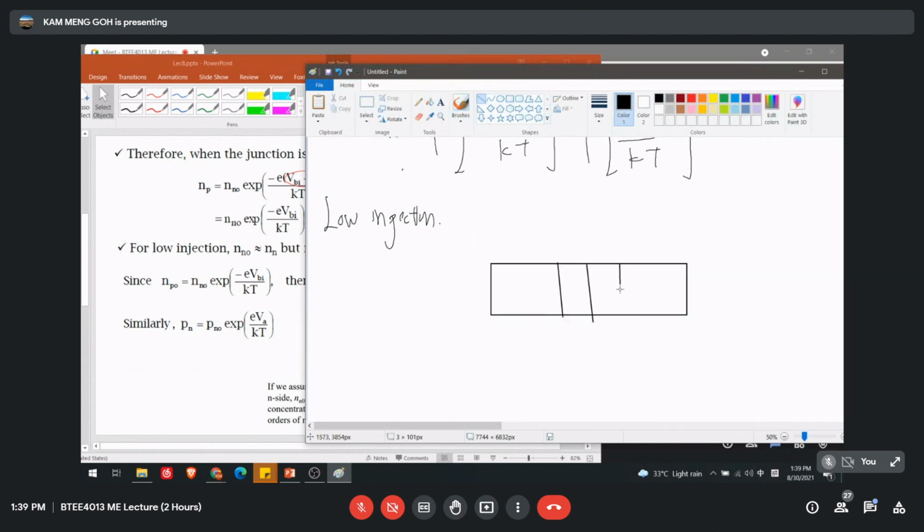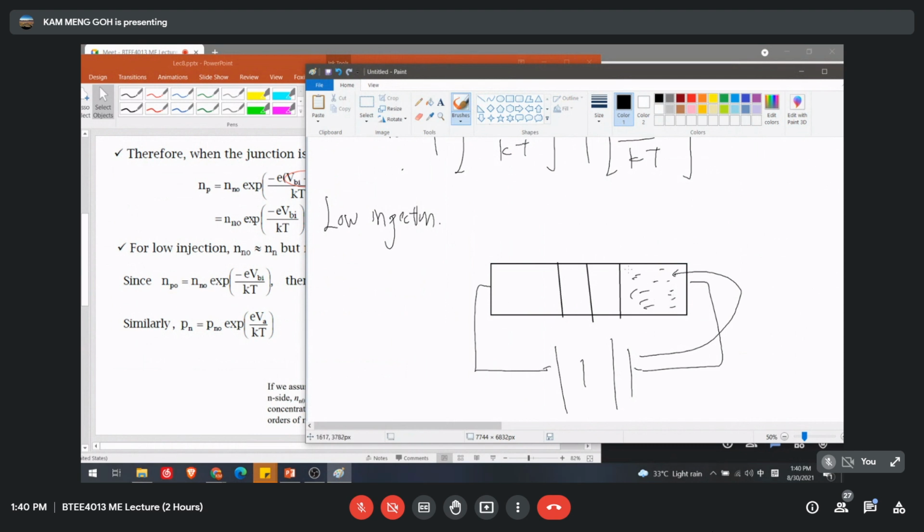If you are converting to forward bias, electrons will flow here, and some of them will flow here. Assume the electron here is 10 to the power of, let's say, 25 for the N. But for the N on this side, maybe it is 10 to the power of 4 only.